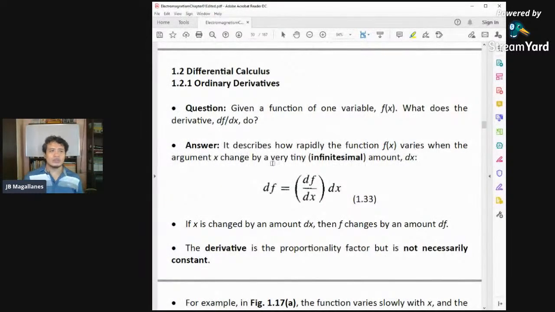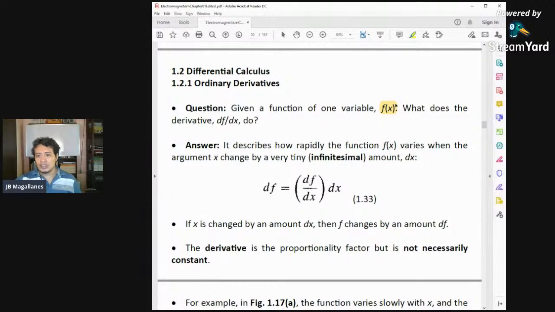Now we will go to differential calculus, and we will first start with ordinary derivatives. In your calculus lectures, you're always given a function, and then you find the derivative of that function with respect to the variable.